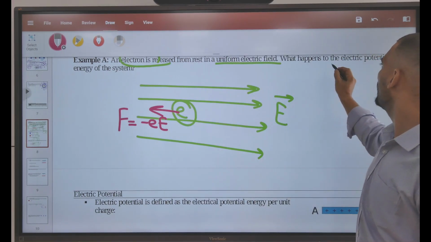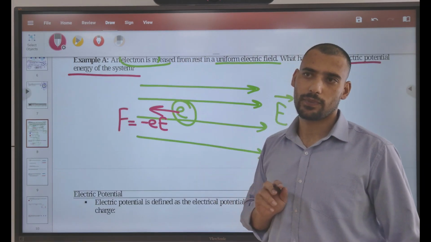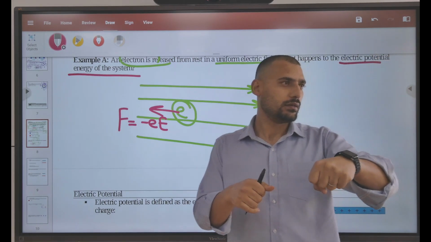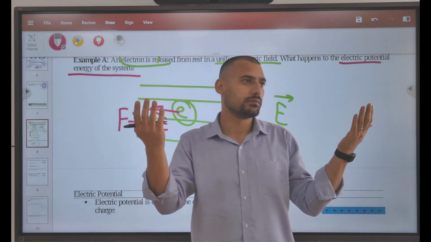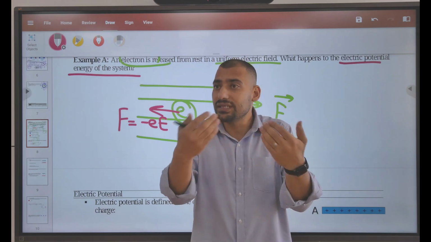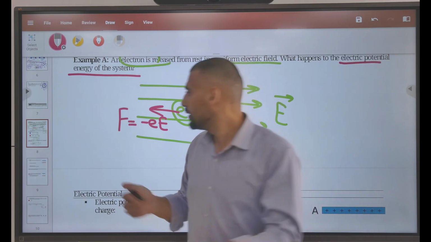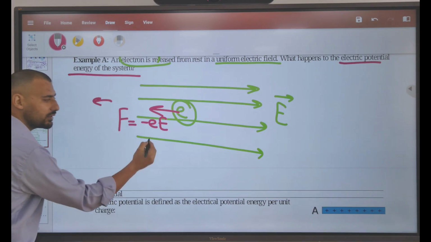The question is, what happens to the electric potential energy of the system? Initially, when the electron was placed, the potential energy of the system was maximum. And that potential energy is getting converted into kinetic energy, because due to this force, the initial velocity was 0.